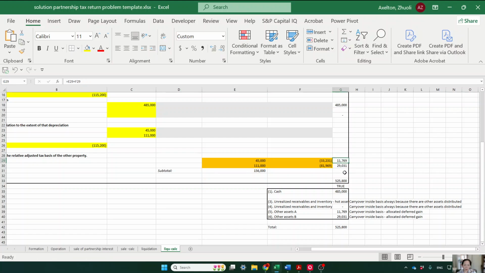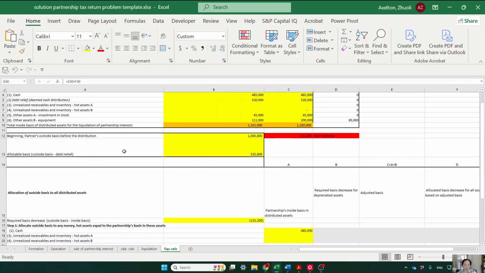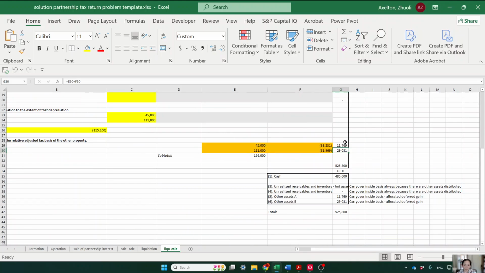Once we have that, the two properties distributed, which are the investment in stock as well as equipment, will be reduced. The basis will be reduced to 11,769 and 29,631.